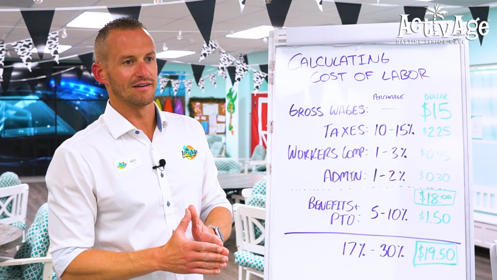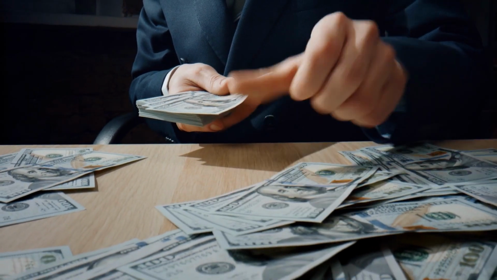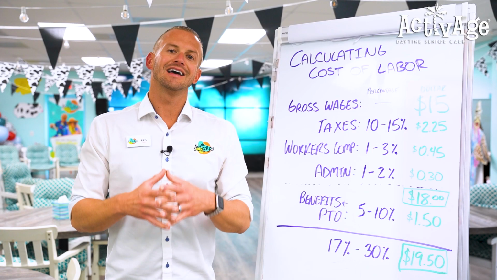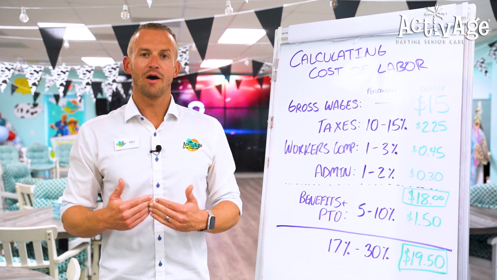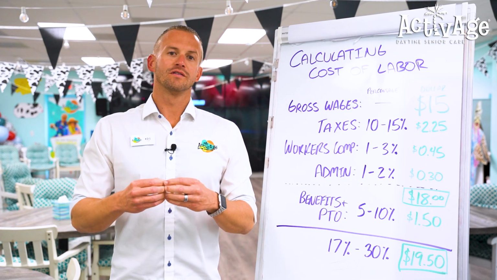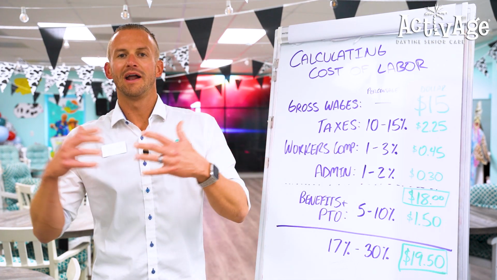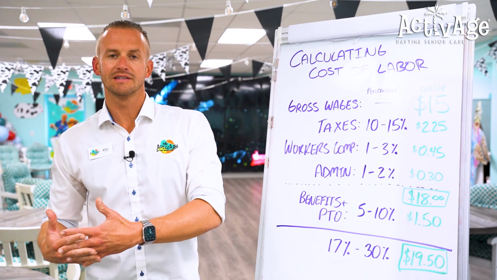All right, guys, so in this particular framework, I try to help you understand that when you are calculating your payroll costs, a lot of times people will make calculations or create financial projections, but they may not include the accurate payroll costs. So when you're thinking about paying people on your team $15 an hour, or paying an admin 18 or 20, depending on where you're at in the country, some places maybe you're paying 12, 13, 14 bucks an hour.